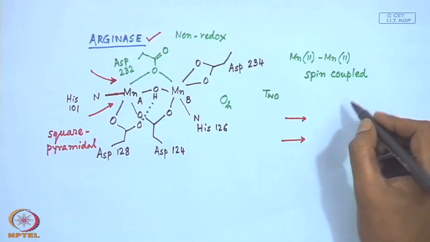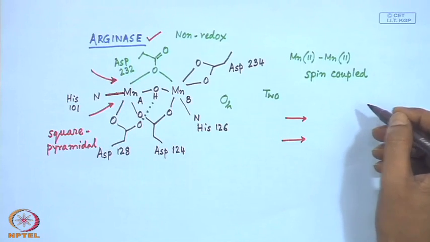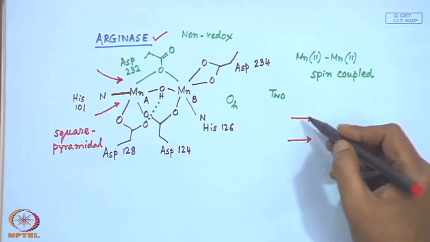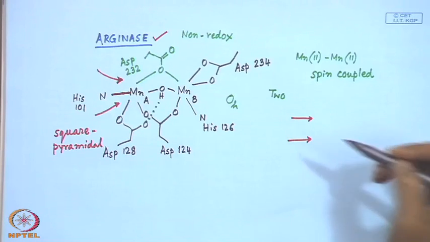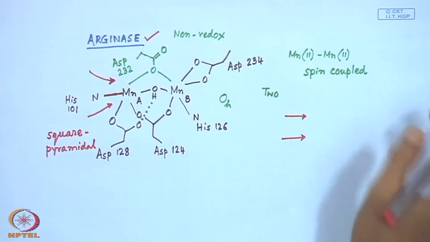So, whether you are producing the urea molecule or the nitric oxide molecule will depend on the level of enzyme concentration in our body, which can vary from one person to another. So, one is the substrate concentration, another is the enzyme concentration.